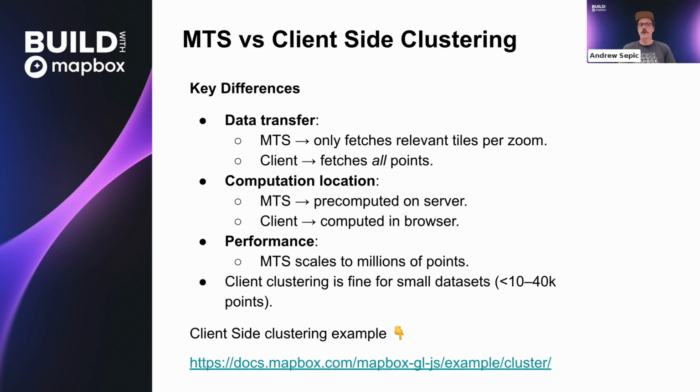And in terms of the performance, we can have MTS scale to millions of points. That's reasonable and still within the capabilities of Mapbox GL JS and our infrastructure. But if we were to do that just with client-side clustering, you're looking at around 10 to 40,000 points, and that's where you start to notice performance issues or layer memory issues in the browser.